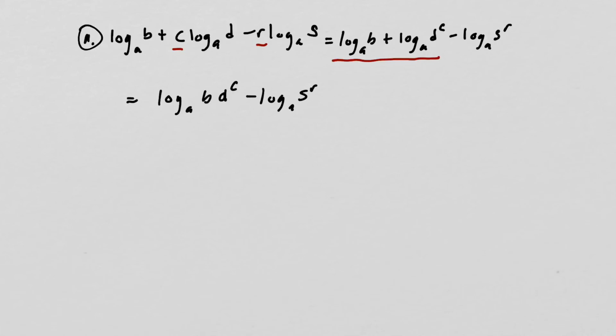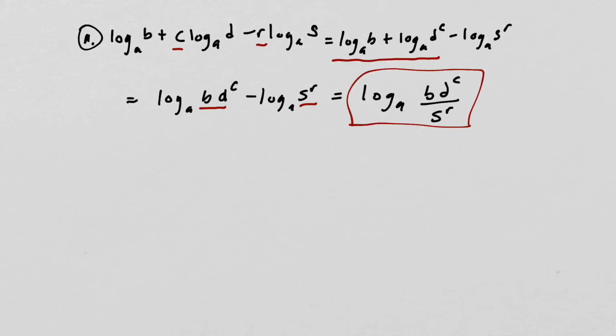Then we can use the difference of logarithms to combine this one more time into a quotient, which simplifies to the log base a of b times d to the c divided by s raised to the r. This is our final expression.